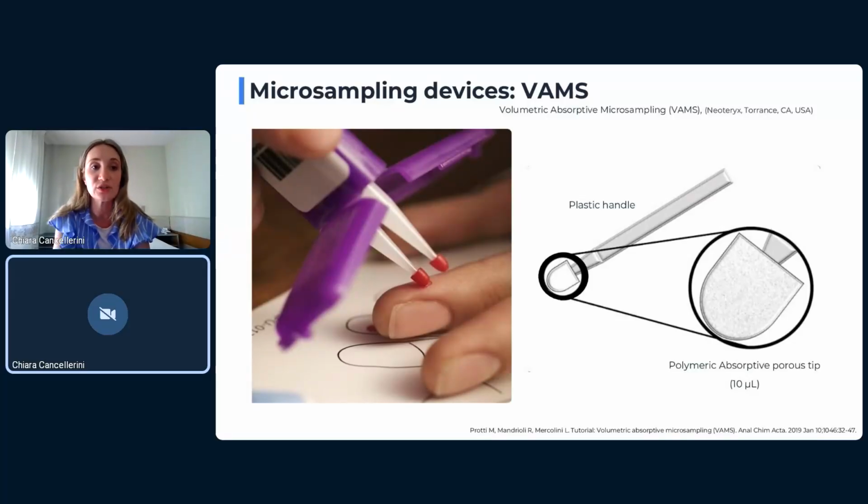The key innovation here is the volumetric absorption, because unlike filter paper, where the blood drop size could bias the result, in theory the tip should absorb an exact and precise microvolume, either 10 or 20 microliters. And for all the validation and the research that I will show you later, we use the 10 microliter format.